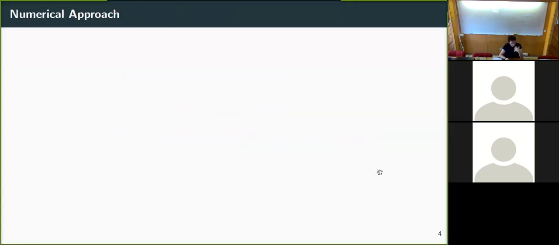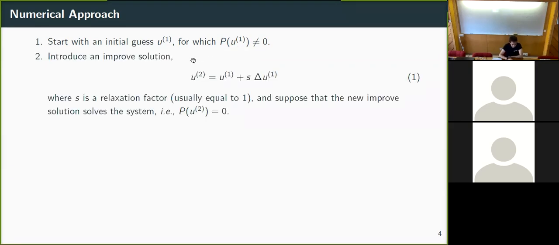So how does the solver really work? You start with an initial guess u1 that does not solve the system of PDEs. Then you introduce an improved solution in such a way that we have the initial solution plus some difference.